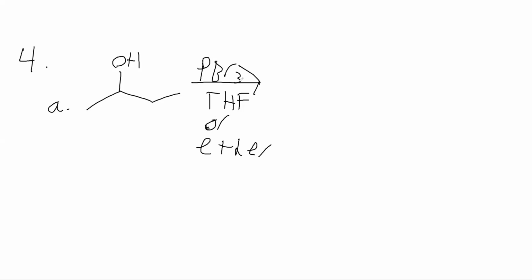I think you'll cover the mechanism for this next time, but you should know from last lecture on Thursday that an alcohol with PBr3 will substitute a bromine for the alcohol.